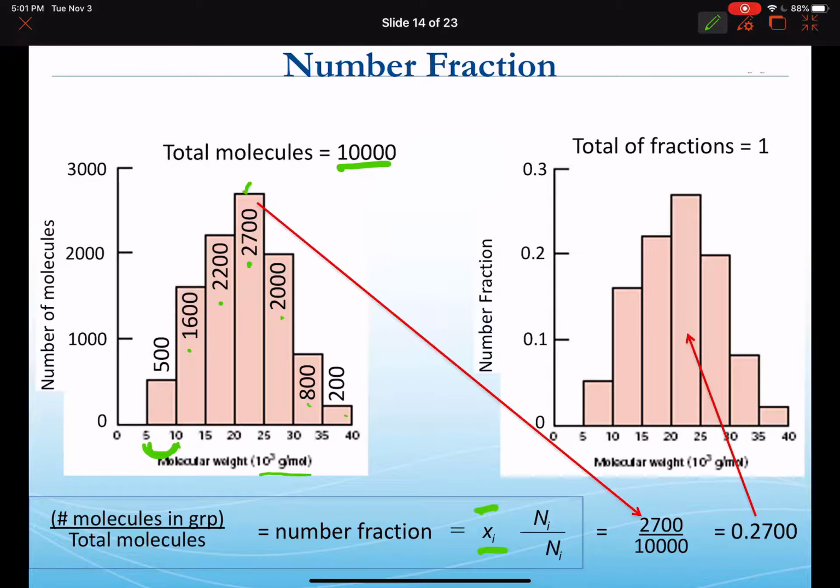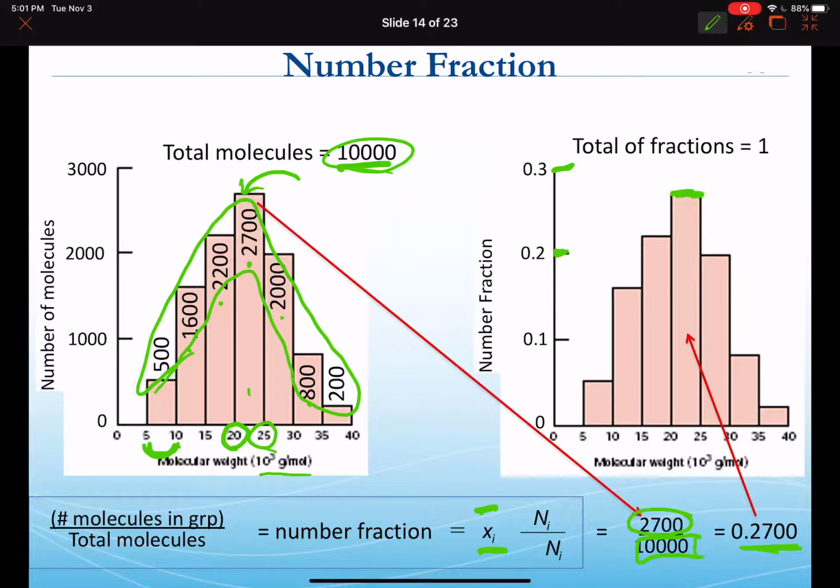If we were to do this bin, we're going to need to take the number of chains in that category, that's the 2,700, and divide it by the sum of all chains, which is of course the 10,000 we see there. So the first number fraction for the most populated set of chains here is 0.27. That becomes our new entry right here, so it is right there at 0.27.